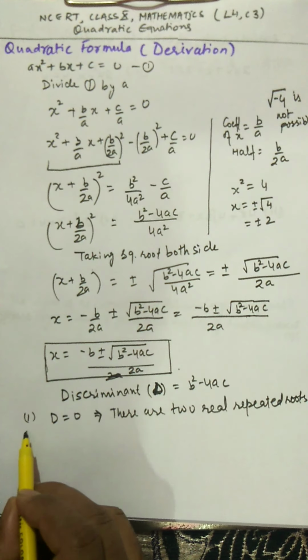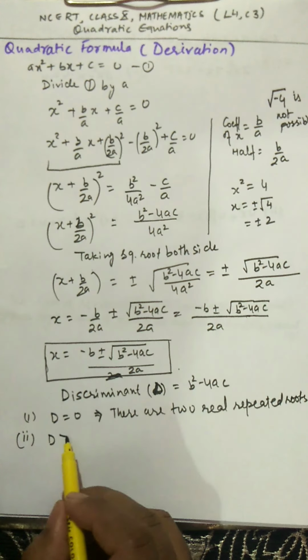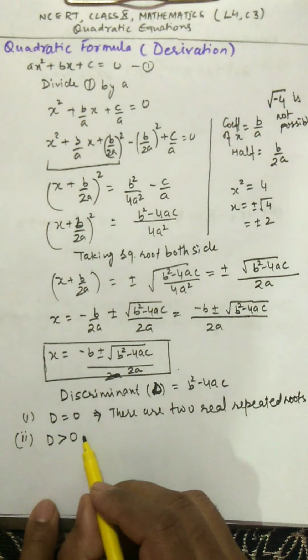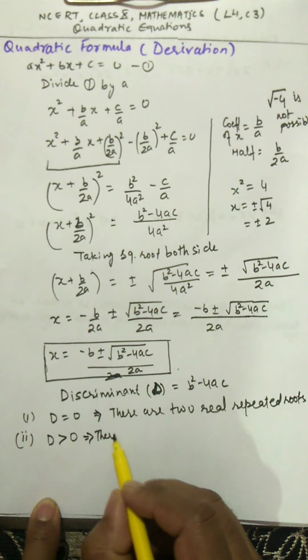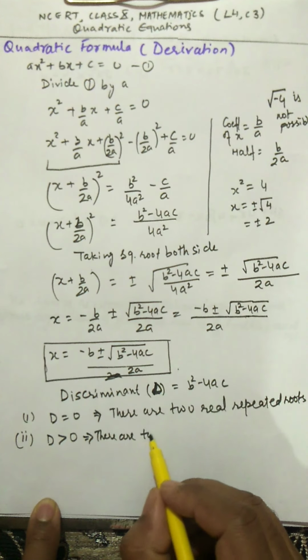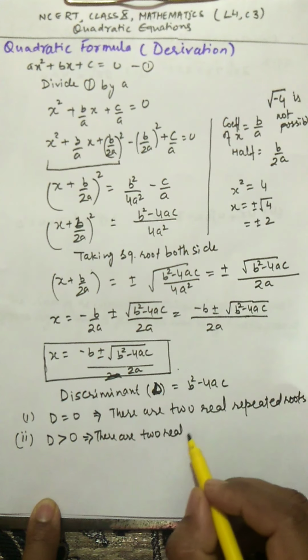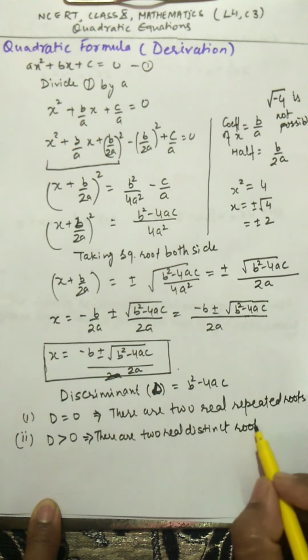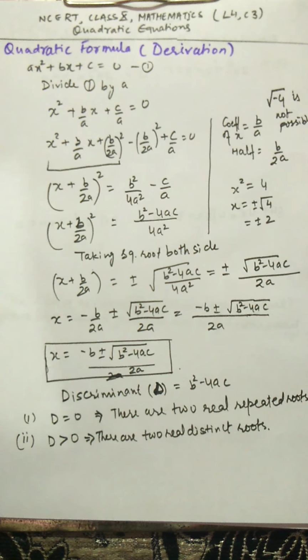Case number 2, if D is greater than 0, meaning D is positive. In that situation, there are two real distinct roots. So whenever you calculate D, and you find that D is greater than 0, then you can say there are two real distinct roots.